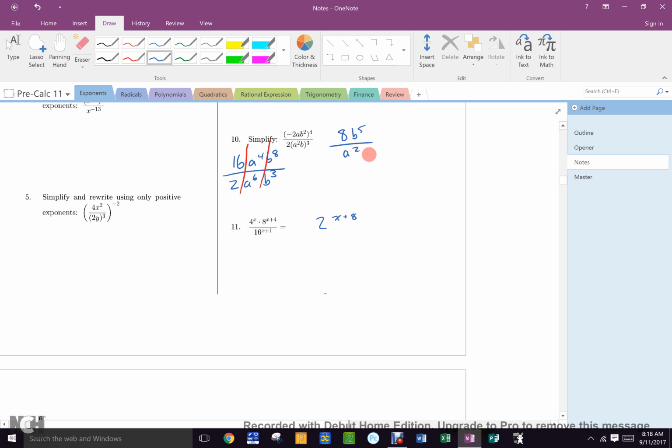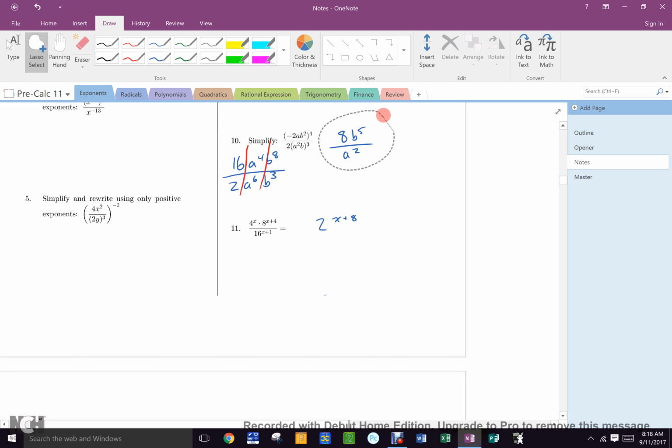This, of course, got me A to the negative 2 and B, 8 minus 3, positive 5. What isn't allowed is just the negative 2 part, so it will go down to the denominator.